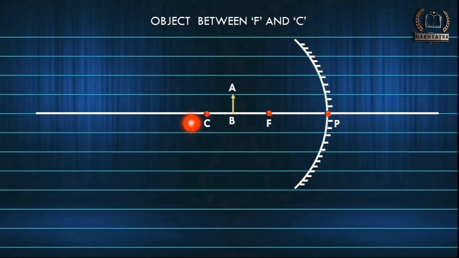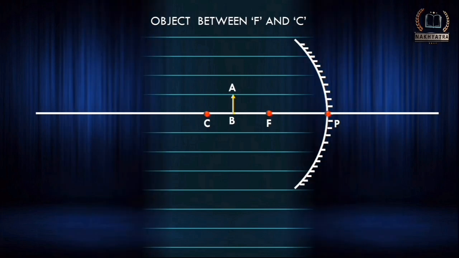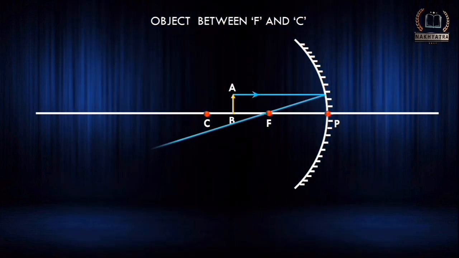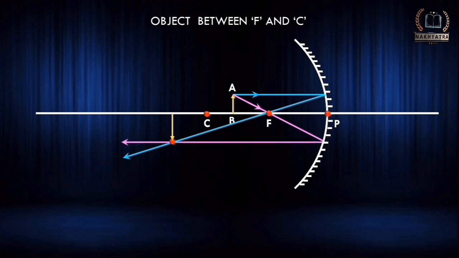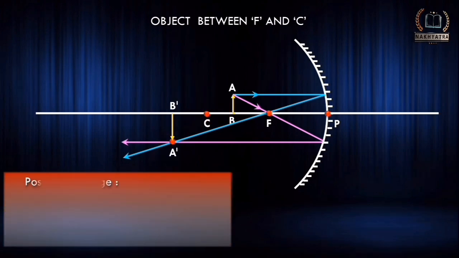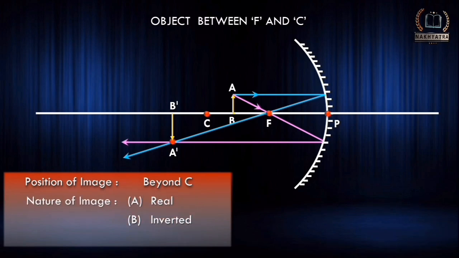Okay, so this is the ray diagram. The object is between F and C. AB is the object. This incident ray strikes the concave mirror and is reflected back through the focus. Another ray strikes the concave mirror, is reflected, and they meet at a point, as you can see here, beyond C. So the intersection point of the reflected rays is beyond C. That means the position of the image is beyond C, and the nature is real and inverted.